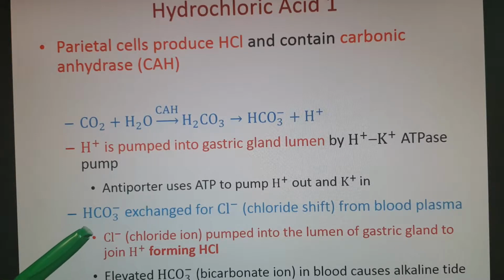When this bicarbonate ion is exchanged out for the chloride one, it is pumped into the blood vessels, which causes an increase in pH in the blood called an alkaline tide. So the blood becomes more alkaline, or less acidic, due to all the bicarbonate ions in it. It's kind of like dumping a bunch of baking soda into your blood, where it counters the acidity.